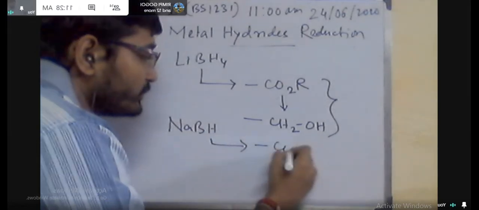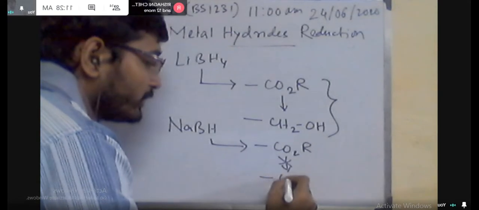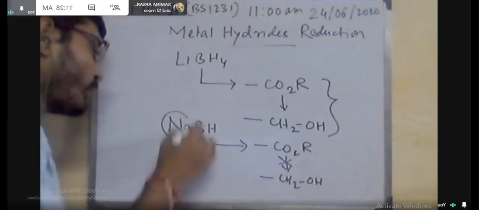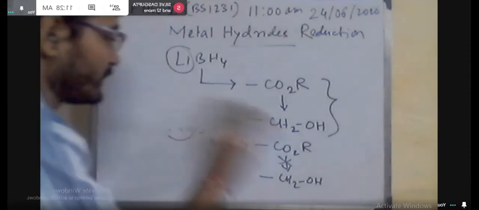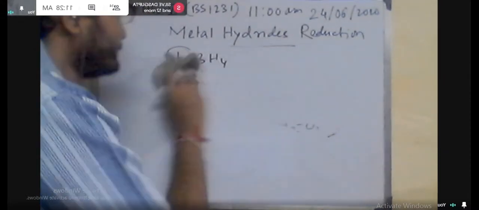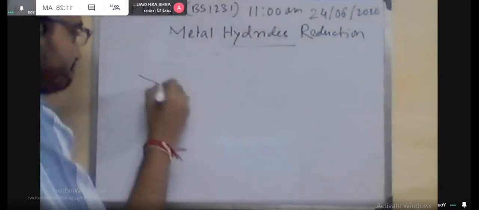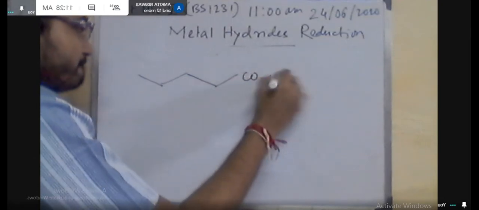in this case, this is the acid group, this is the ester group. If you use lithium borohydride, and finally the last step is the acid workup, this group will be reduced. This group remains intact, okay, because you know that it can't be reduced by using this reducing agent.